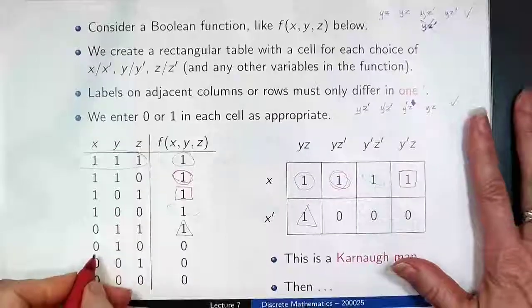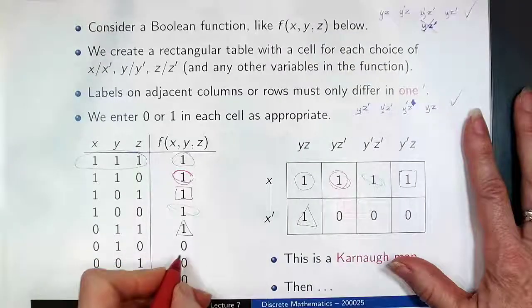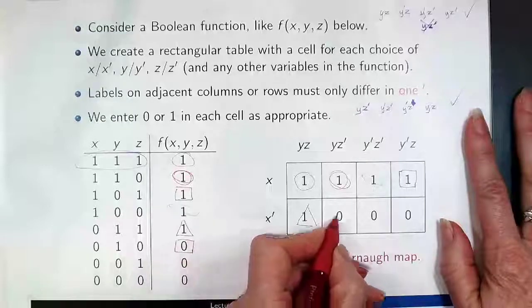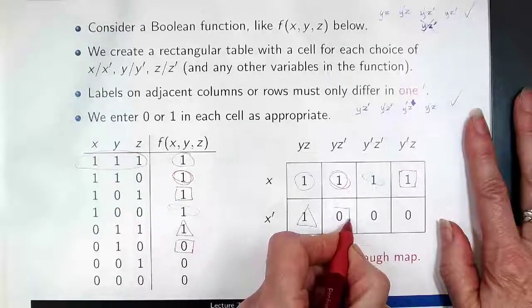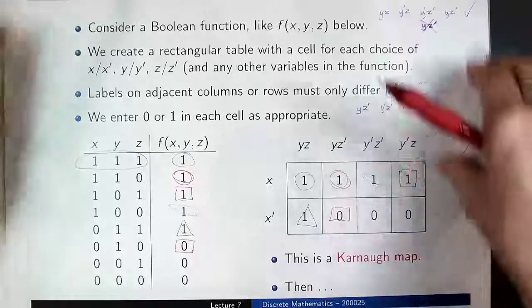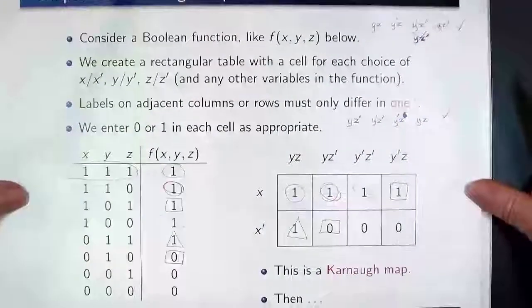And X dash, Y, Z dash, and so on. Can you see how you place the numbers from our table into the boxes? We can do another example later if we want.